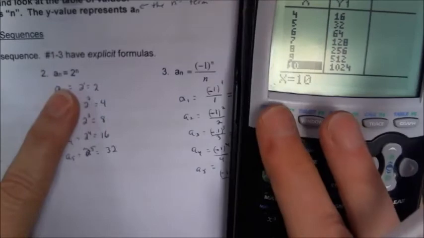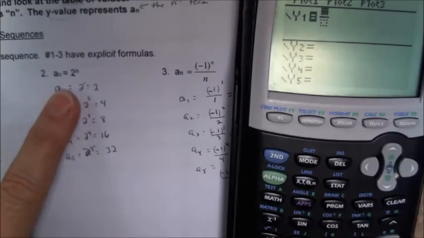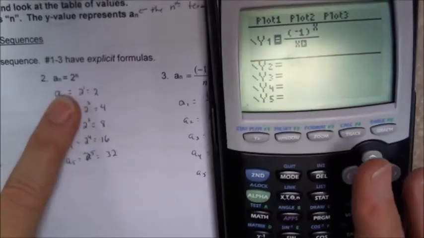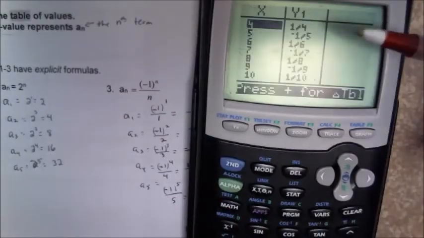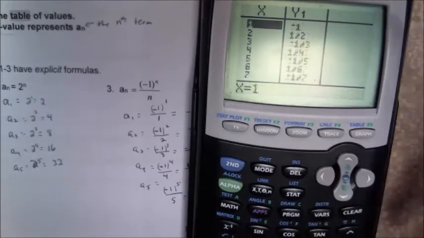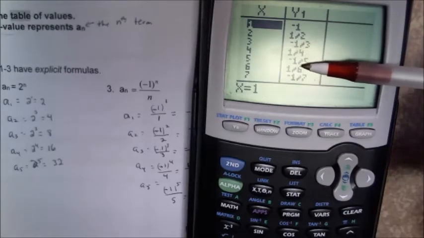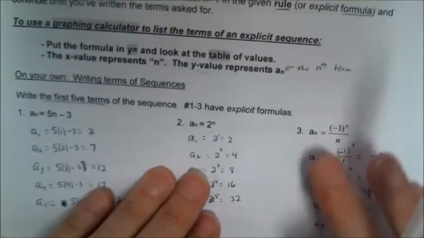And then example number 3, y equals, and now we're taking -1 raised up to the x power, and we're dividing it by x. So if you wanted to take a look at those terms, look at the table of values. The first term, second term, third term, fourth term, fifth term, sixth term, seventh term. So you can always use y equals to write out your term numbers if you have a formula.